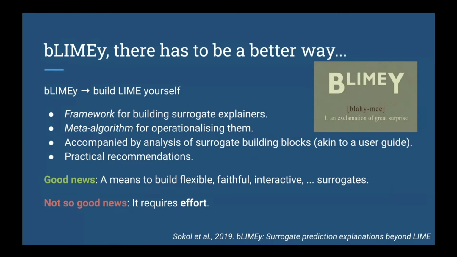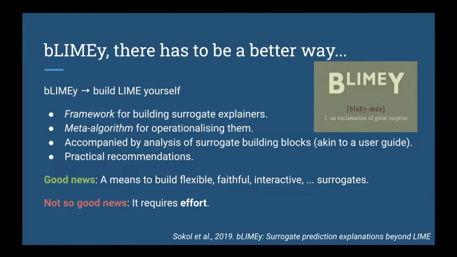So this is where our research comes in. We said, well, if we can't really develop an XAI process for the entire field, maybe we can do it just for a small bit. And we looked at what is the most popular part of explainability. At the time, these were surrogate explainers, post-hoc explainability. And we said, let's try and create a process for building faithful surrogate explainers.